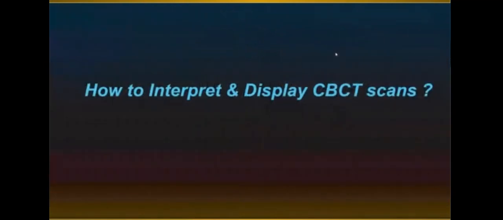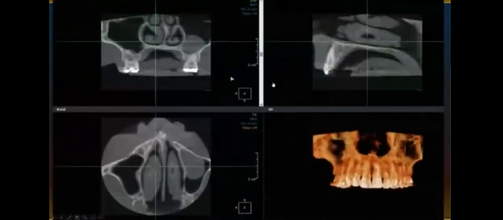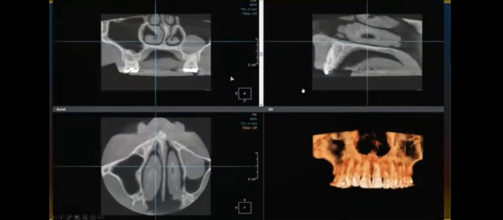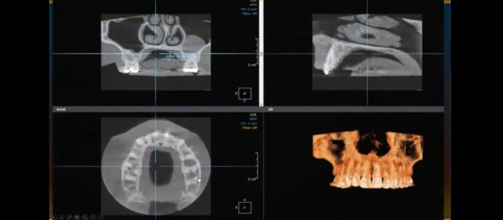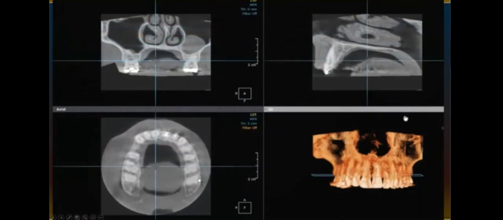After acquiring the image and having the DICOM dataset complete, now it's the turn to interpret and display this CBCT data or the CBCT scan on the software. I'm going to pass over this quickly. On the software, you will find a group of cuts. Here on the screen we have the axial, the coronal, and the sagittal. We see here a group of lines. I want to focus on this horizontal line.